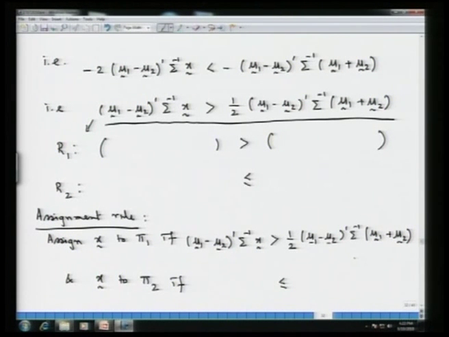Now, this is the same rule as what we had obtained earlier using the Fischer linear discriminant function.